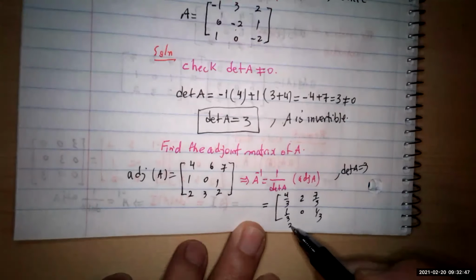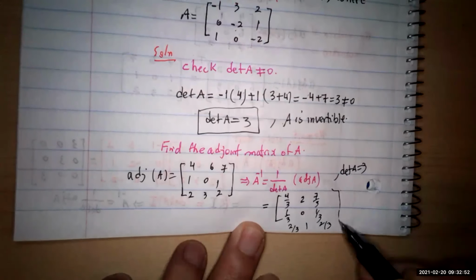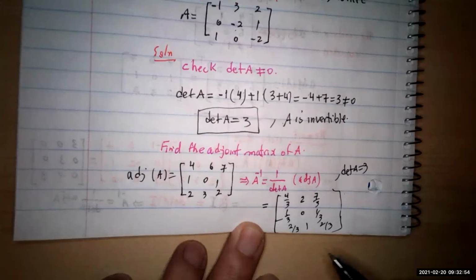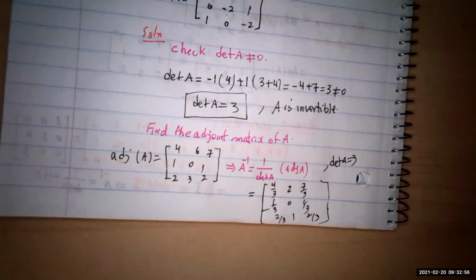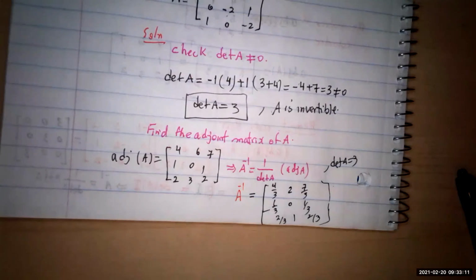And the last row is going to be 2/3, 1, and 2/3. So that gives you the inverse of your matrix: 4/3, 2, 7/3, 1/3, 0, 1/3, and 2/3, 1, 2/3 is going to be your A inverse. And this is it.